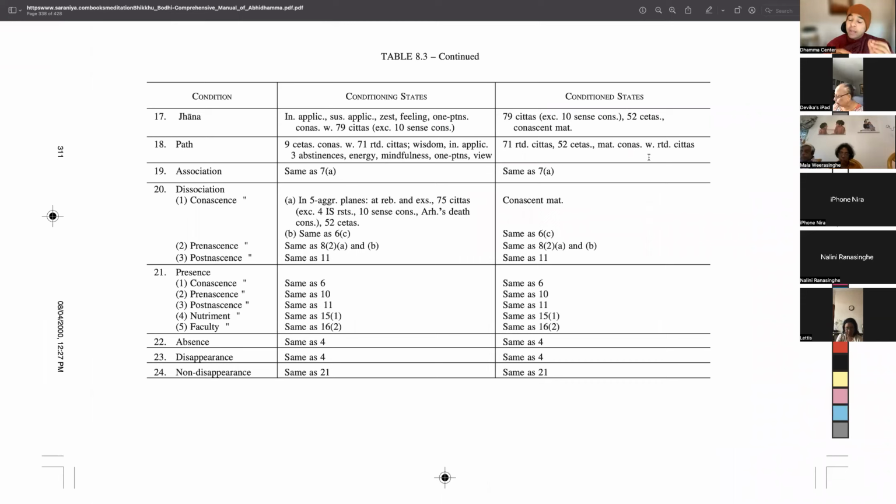Disassociation condition is when the conditioning state and the conditioned state condition one another, but are disassociated by the characteristic of the phenomena. Meaning, if the conditioning state is a mental state, the conditioned state is a material state. If the conditioning state is a material state, then the conditioned state has to be a mental state.